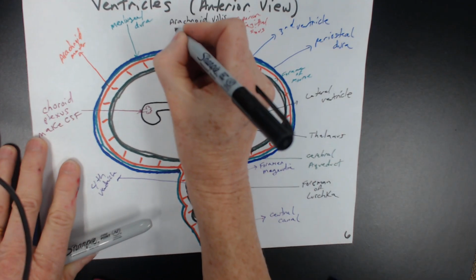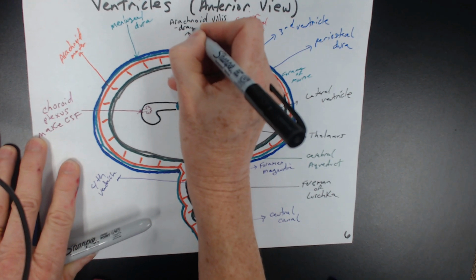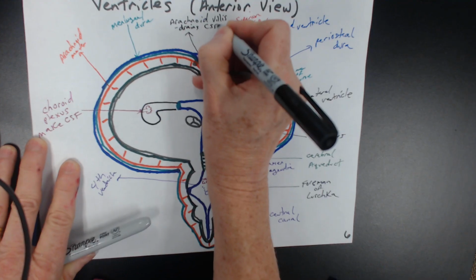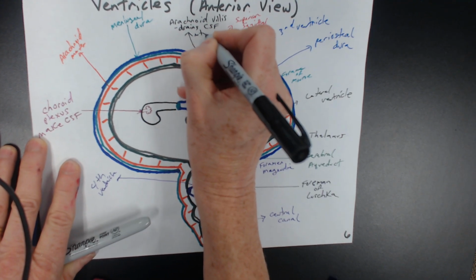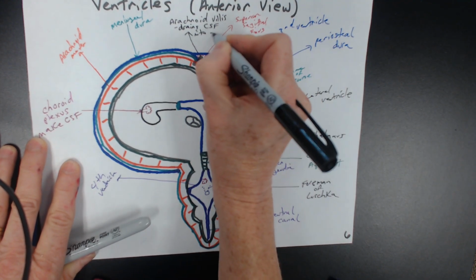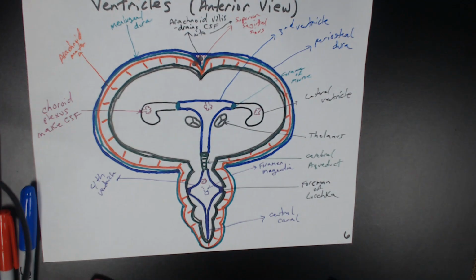And it drains CSF into the superior sagittal sinus. So now you know that the CSF is made in the choroid plexus.